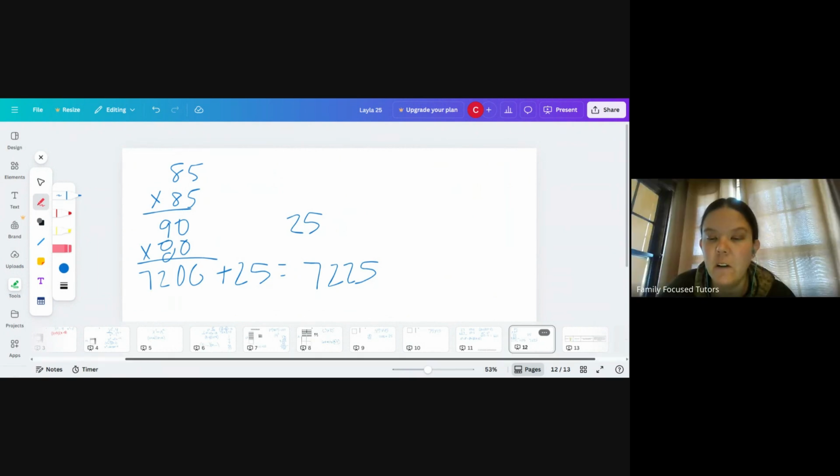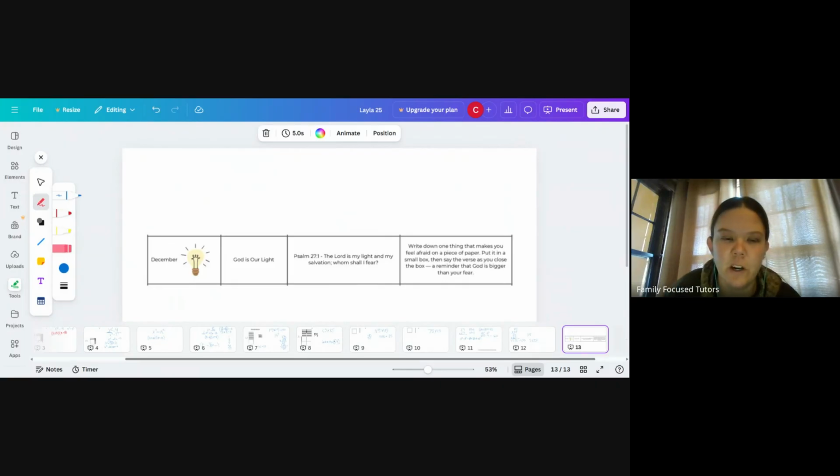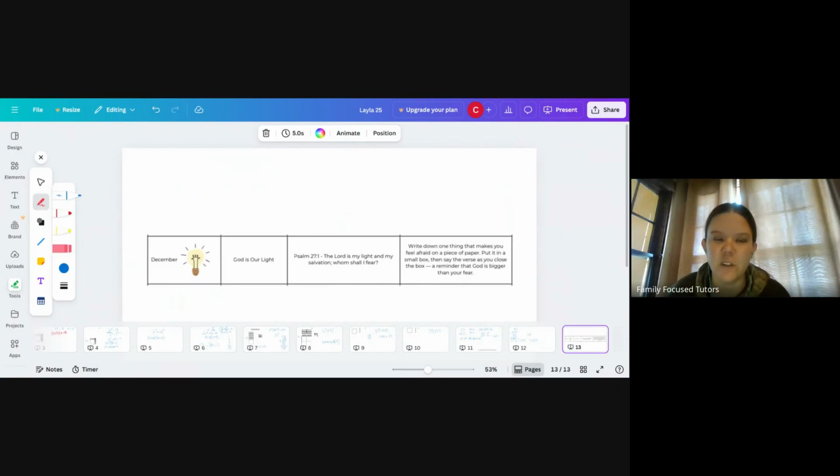Okay. So with that, I don't know if I've told you this before, and I know I've shared these with you a little bit. For Family Focused Tutors, the company that I work for, we are doing a verse per month. So December's verse, since it's December 1st, I'll share it with you. Psalm 27:1 says, the Lord is my light and my salvation, whom shall I fear?